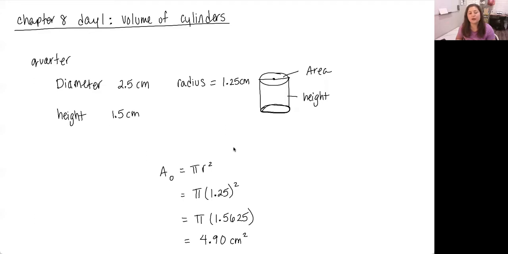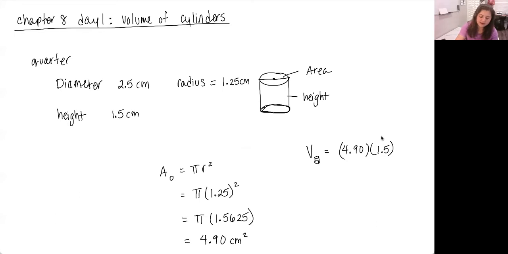And so my multiple quarters are going to be multiplied by 1.5 centimeters in their height. So in order to find the volume of my cylinder, that looks like a cylinder, right? I hope. We're going to take that area, that 4.9, and multiply it by the height of 1.5.